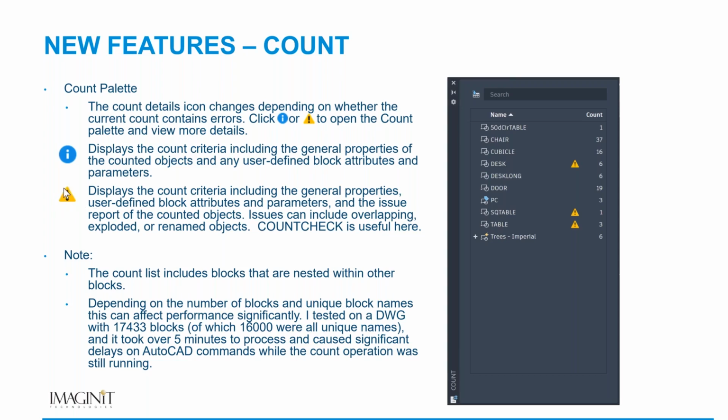So this little triangle here, or the blue circle with the eye, displays count criteria, general properties of counted objects, and any user-defined block attributes and parameters. The red or the yellow triangle here displays count criteria, but it will also include overlapping blocks, exploded blocks, renamed objects. The count check system variable is useful here, and we're going to talk about that.